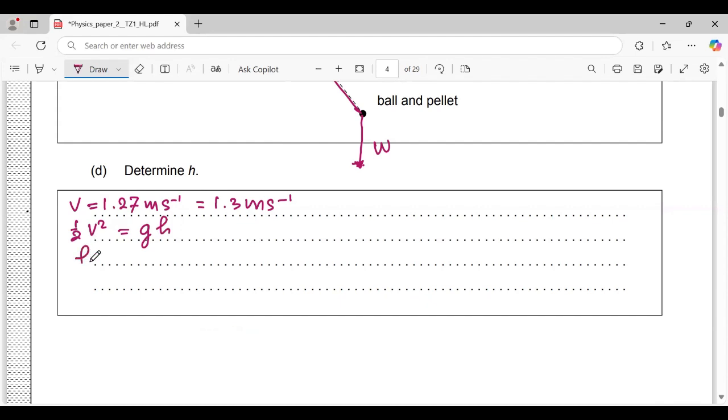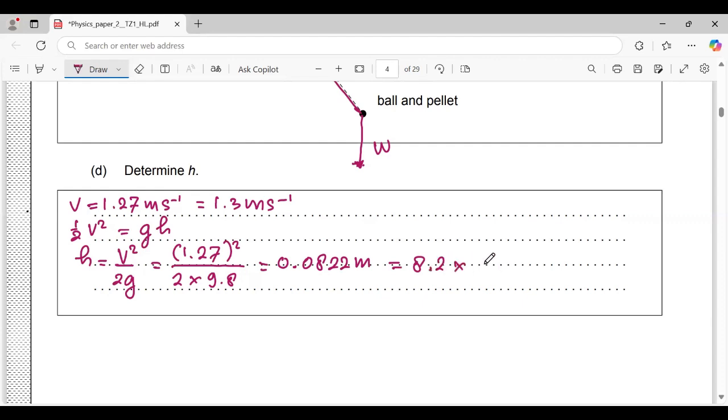If h is the subject, this formula becomes v squared over 2 times g, or 1.27 squared over 2 times 9.8. And the result is 0.0822 meters, or 8.2 times 10 to the power minus 2 meters.